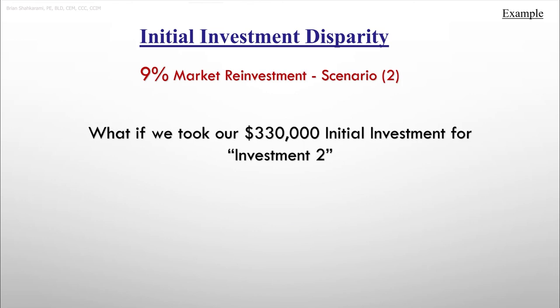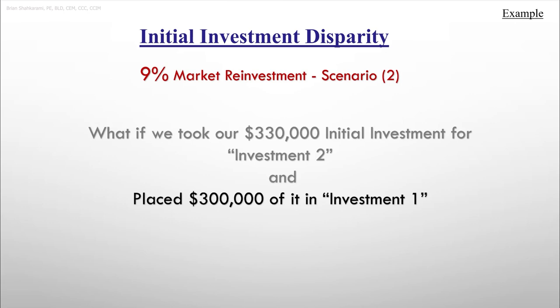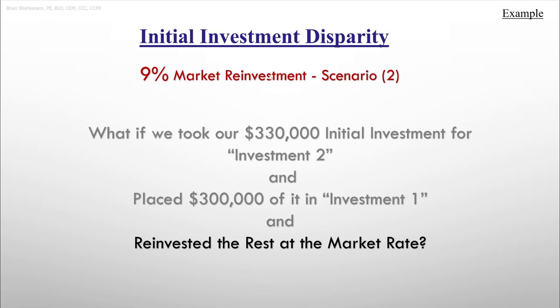So what do I mean by that? Consider this. What if we took the $330,000 initial investment for investment 2 and we placed $300,000 of it in investment 1 and we reinvested the rest, which is the additional $30,000 at a market rate or our reinvestment rate of 9%.